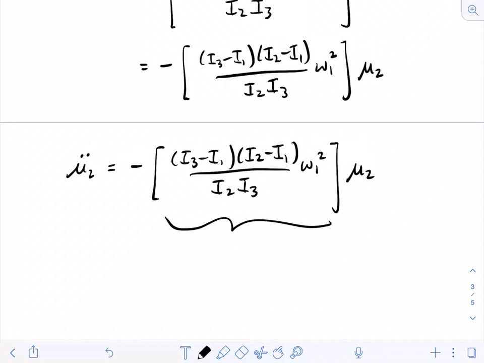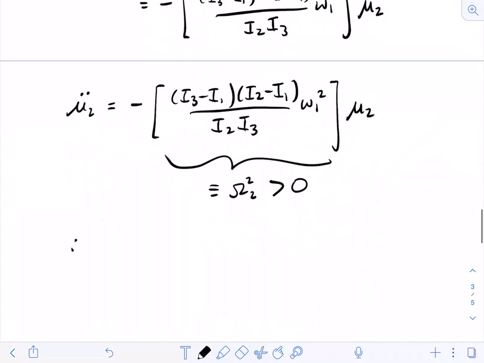So everything in the square brackets, I'm going to define to be omega 2 squared. The subscript 2 is just to remind us that this applies to mu 2. And that quantity is positive because we arranged the differences of rotational inertia in the numerator to both be positive.